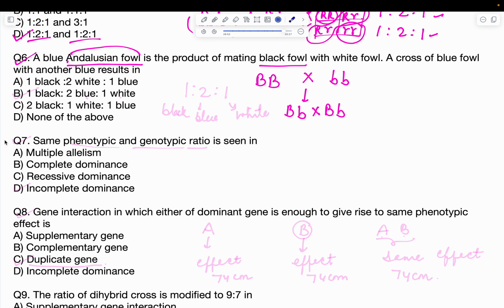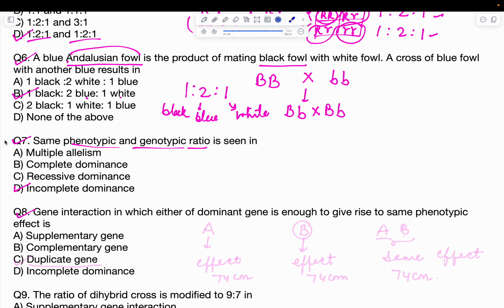So it will produce something in a ratio of 1:2:1. We know that. So 1 will be black, 2 will be blue, and 1 will be white fowl. So the answer is B. The same phenotypic and genotypic ratio is seen in incomplete dominance.